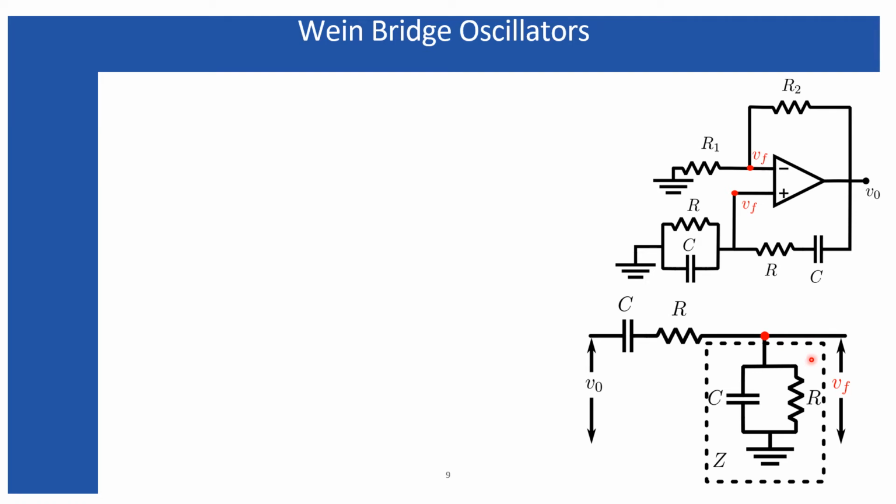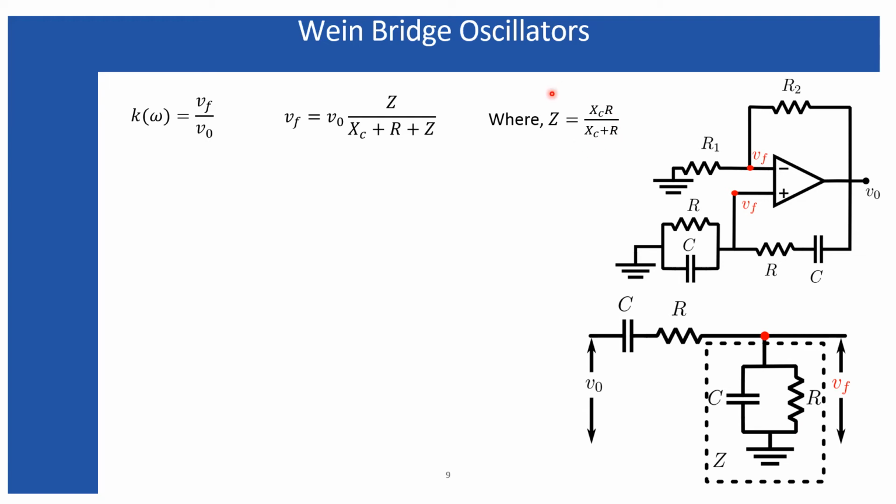So as we know, the feedback factor is equal to the feedback voltage divided by the output voltage, and from this circuit we can easily find the feedback voltage by applying the simple voltage divider rule. So Vf is equal to V0 times Z divided by the reactance of the capacitor plus R plus Z, and this Z represents the equivalent impedance of this parallel RC network.